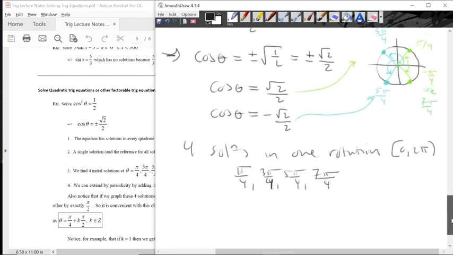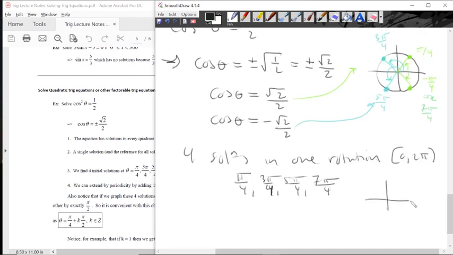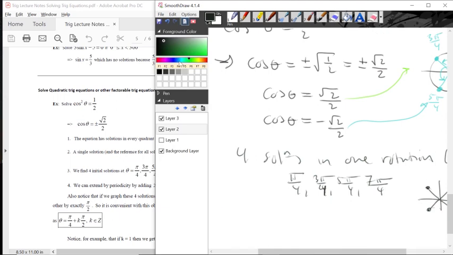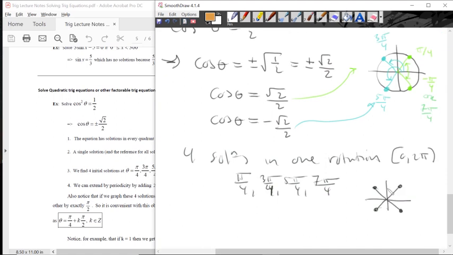And if we plot those 4 solutions out, it just so happens that if we were to measure the amount of rotation from any one of these solutions to the next solution, we're always going to get the same amount of rotation, as it turns out, because these just happen to be symmetric.